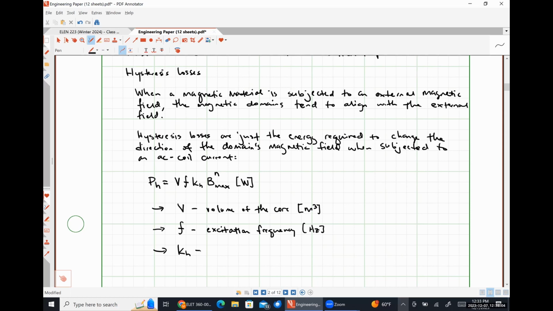K sub H is a proportionality constant of the core material, so that different materials will experience different hysteresis losses.